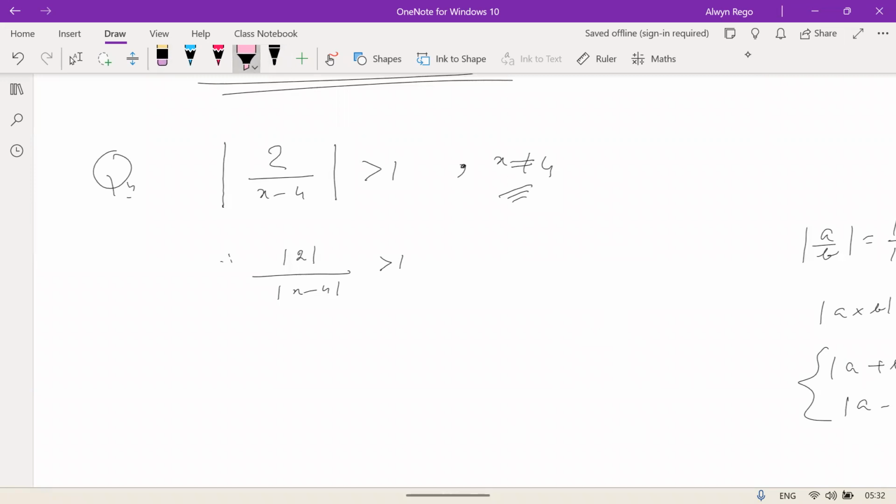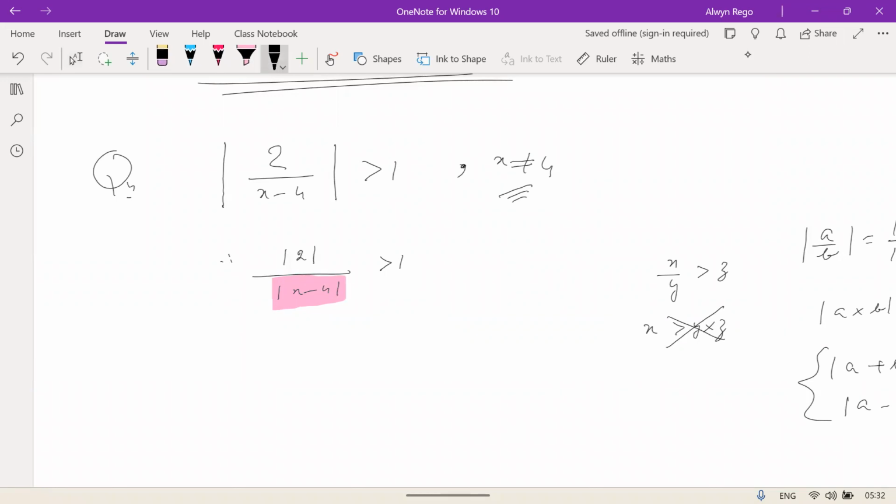If you're sure that this quantity has a definite sign... now if you have x upon y is more than z, then x is more than y into z looks very good, but mostly it is wrong.